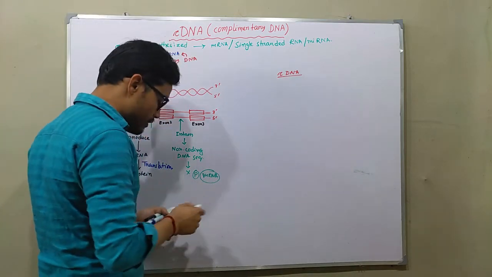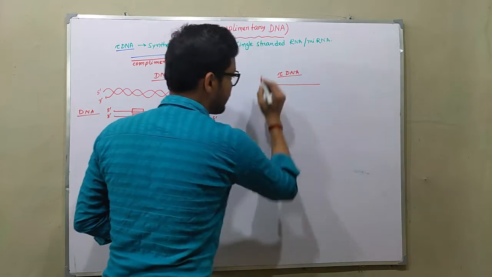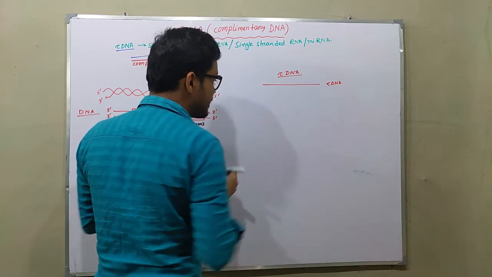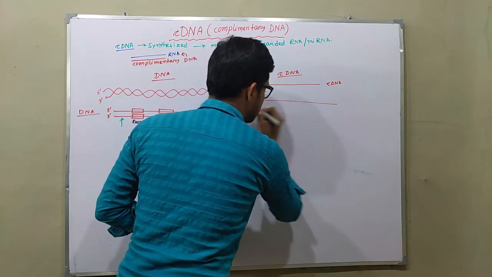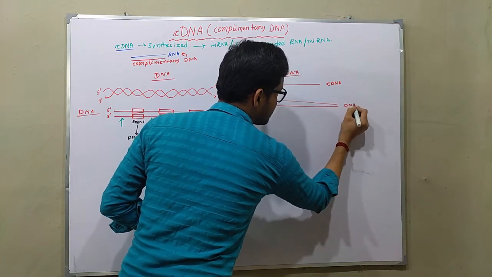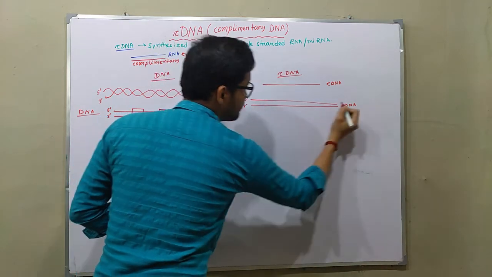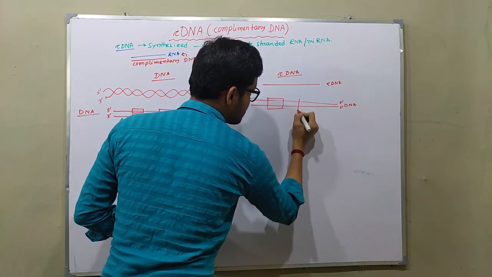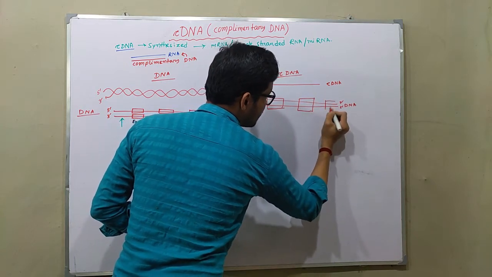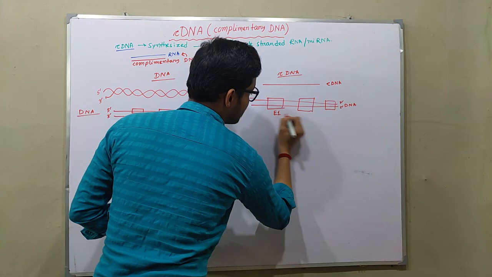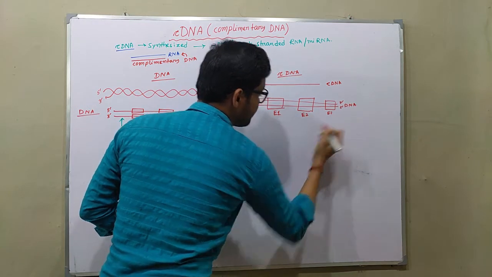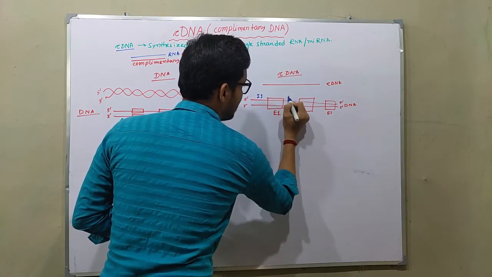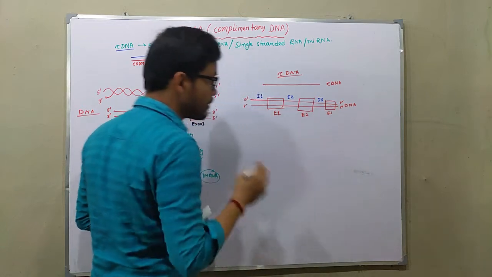But if we look into a segment of cDNA, it is produced from mRNA. So we have our DNA sequence here, 5 prime, 3 prime, 3 prime, 5 prime. Let's assume this segment also has 3 exons, exon 1, exon 2 and exon 3, and also introns, intron 1, intron 2, intron 3.